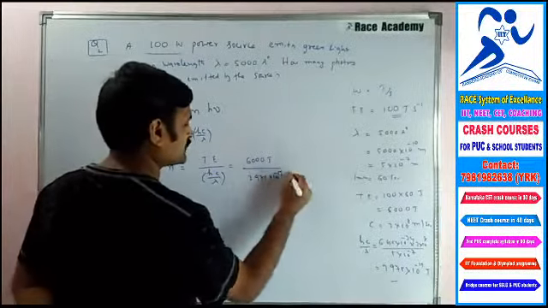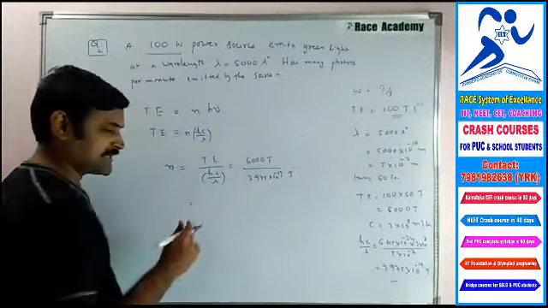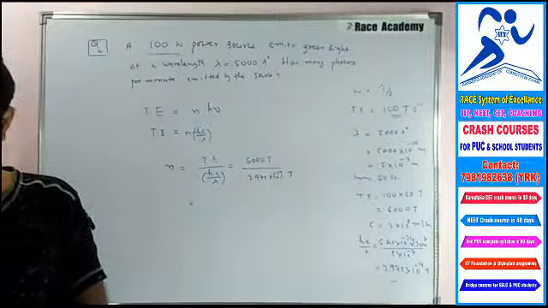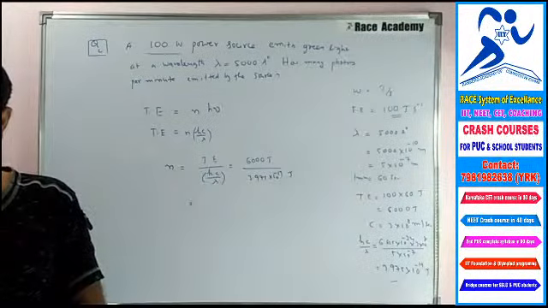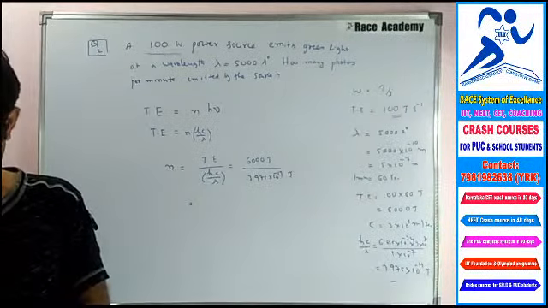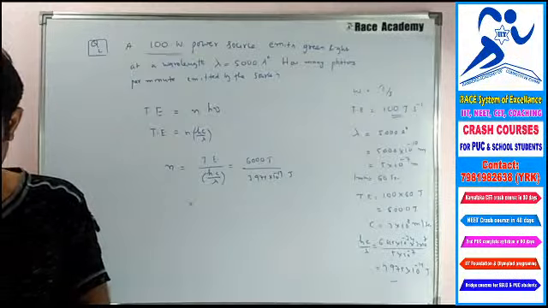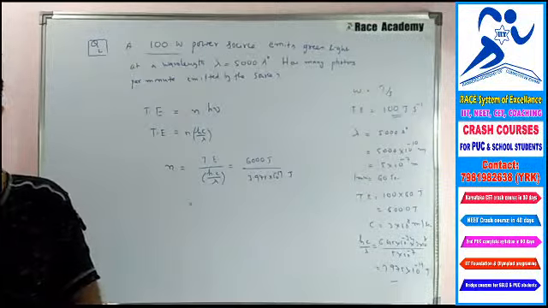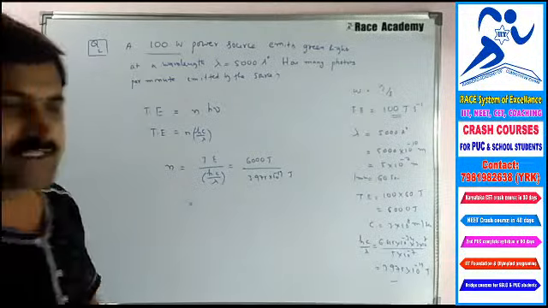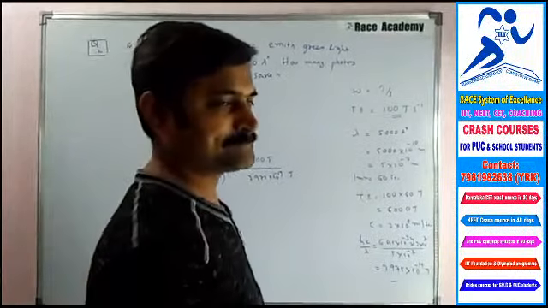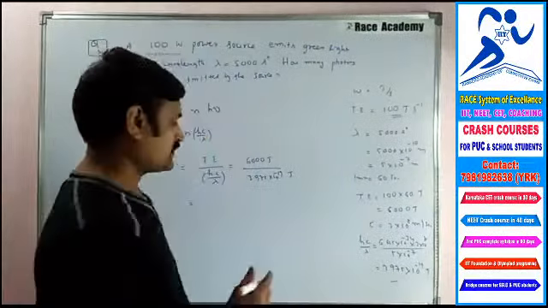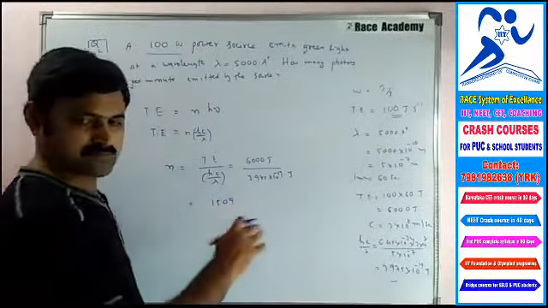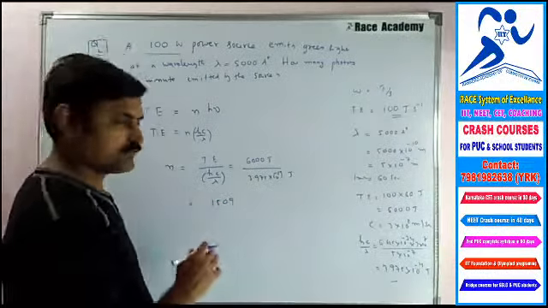So joules will get cancelled, and we'll see the value, the number of photons, once 6000 is divided by 3.975. So 6000 by 3.975 is exactly 1509.443.